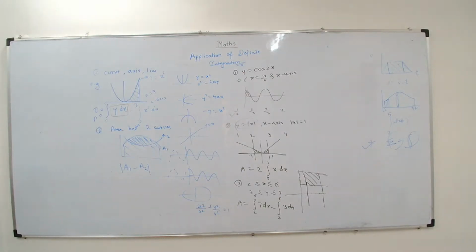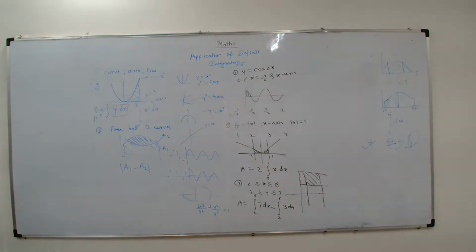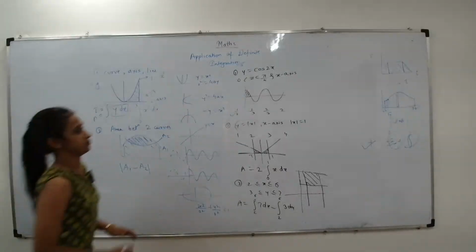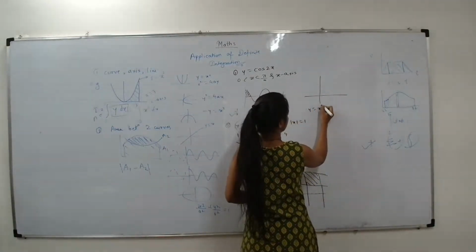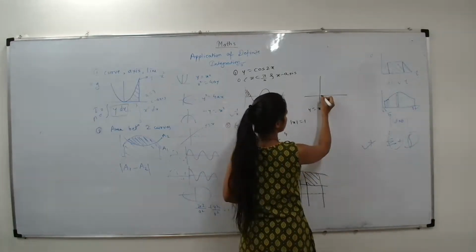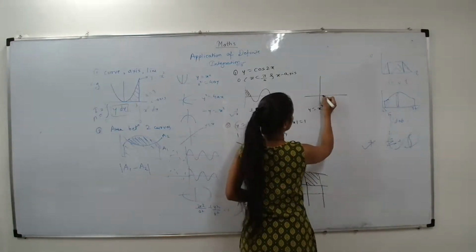Try to plot the graph of y is equal to x cube. हाँ कसा येईल y is equal to x cube. Try करा. Put x equal to 1, y equal to 1.